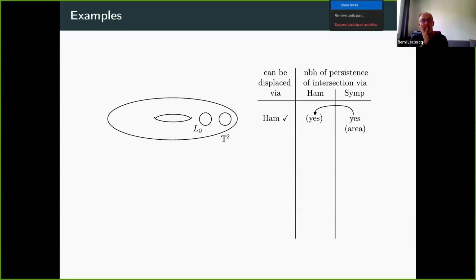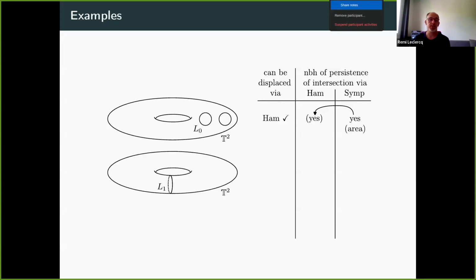Right, so let's see another situation where the answer is different. If you take this L1 now, that's another Lagrangian in T2, which is actually very different from the first one because this one is aspherical, right? Pi2 of T2 relative to L1 is now 0.